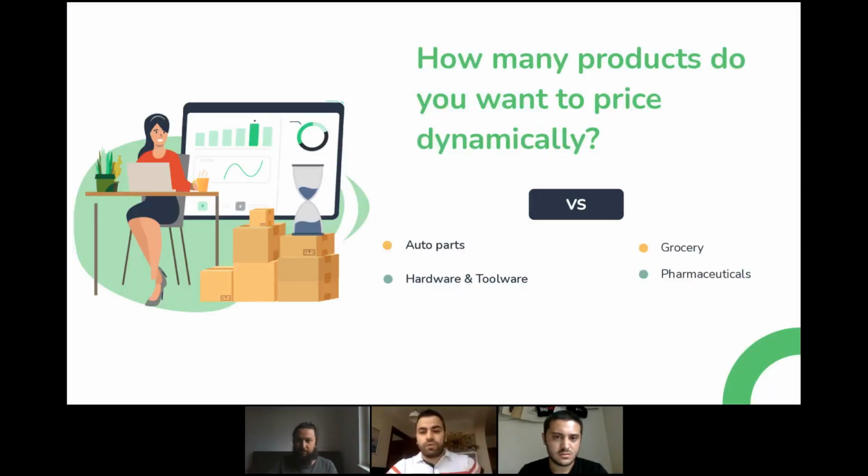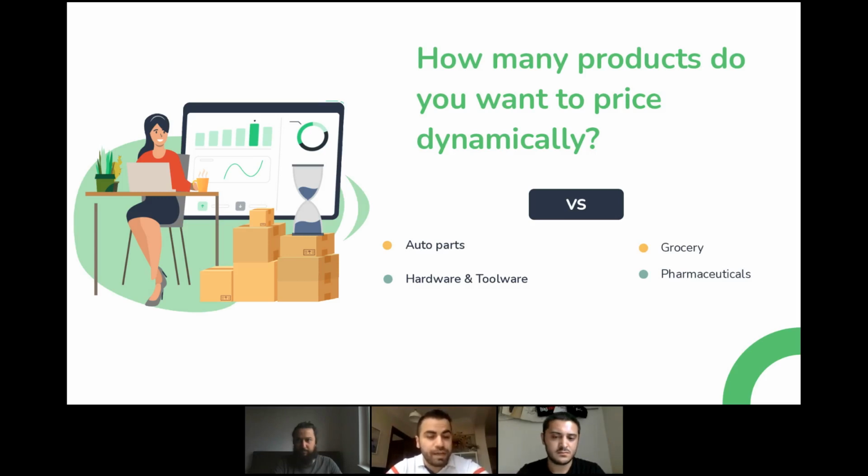So the number of SKUs that you sell is also a crucial variable when you think of repricing your products dynamically. For example, in auto parts industry and hardware toolware vertical, most of the time there are hundreds of thousands of items that you need to take care of in terms of pricing, and that makes hundreds or thousands of different categories that you might need to handle, and it makes your dynamic pricing calculations quite complex.